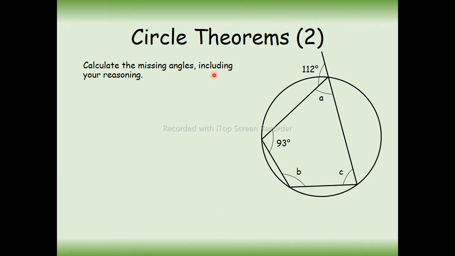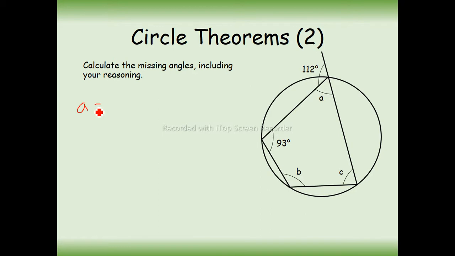Let's calculate this. Let's go with A. What is A? A is 180 minus 112.